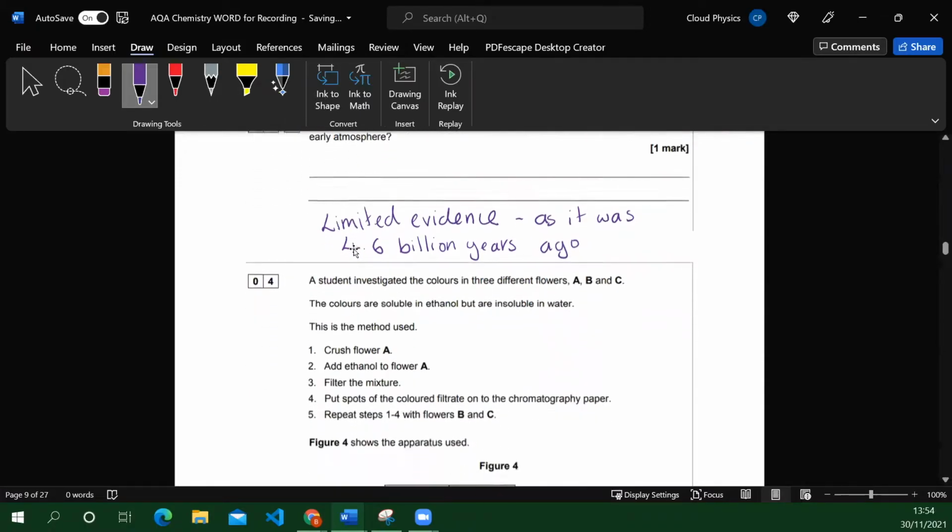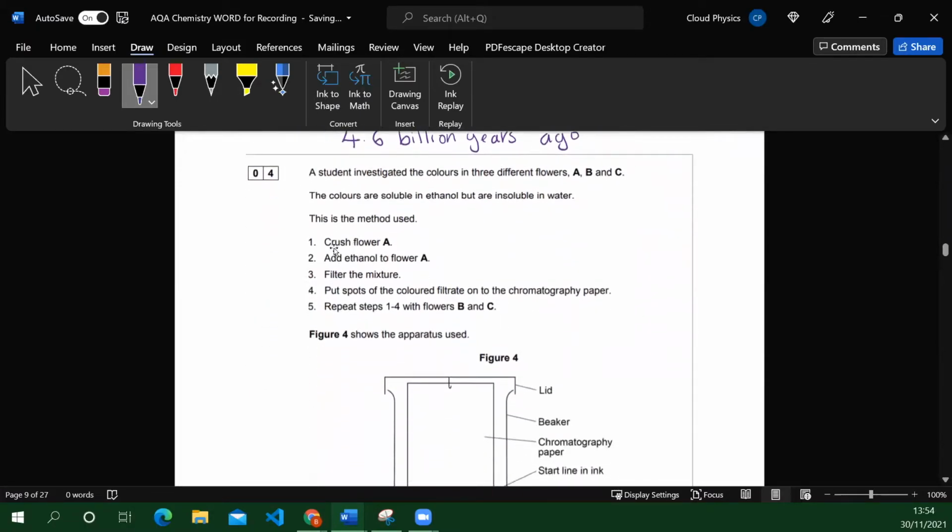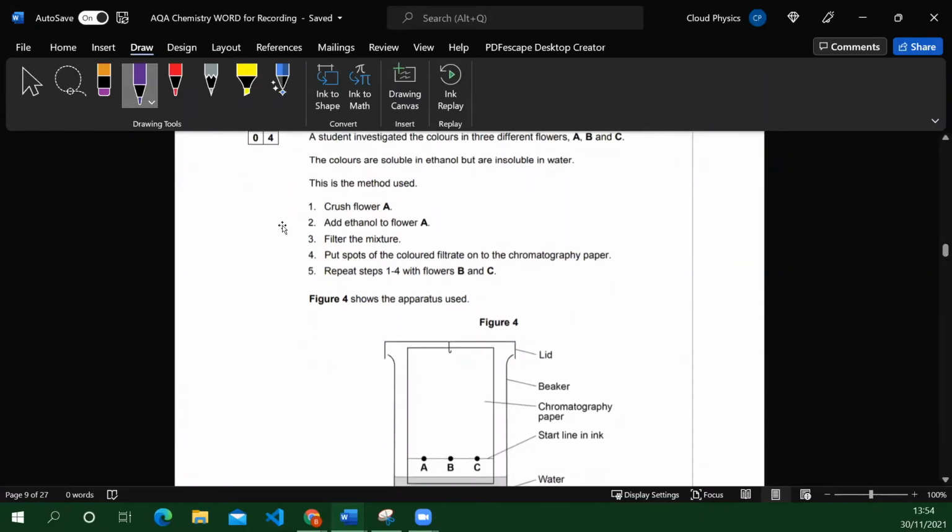It's a different question entirely, not about the Earth's atmosphere. A student investigated the colours in 3 different flowers, A, B, and C. The colours are soluble in ethanol, but are insoluble in water. This is the method used. Crush flower A, add ethanol to flower A, filter the mixture.